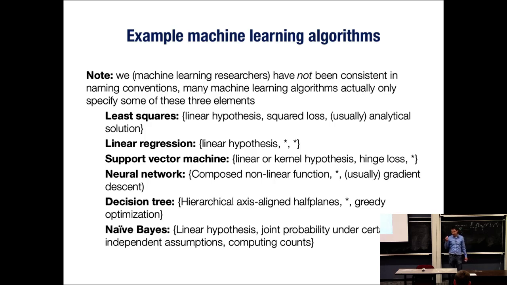People use the same terminology, neural network, when they use a squared loss or when they use a classification loss. They still call it a neural network. And they usually use gradient descent to optimize it, though even that is sometimes different, but that's almost always the case. So that's a neural network. And oftentimes, gradient descent in neural networks goes by the name of backpropagation. So that is almost always how you train them.